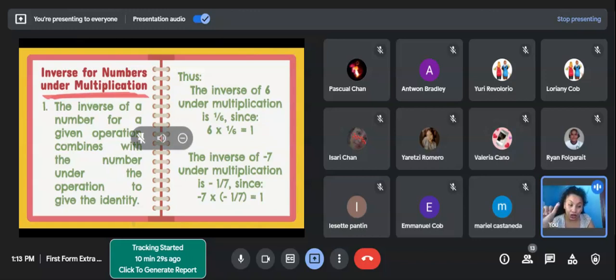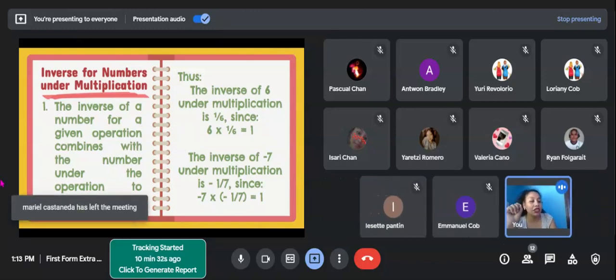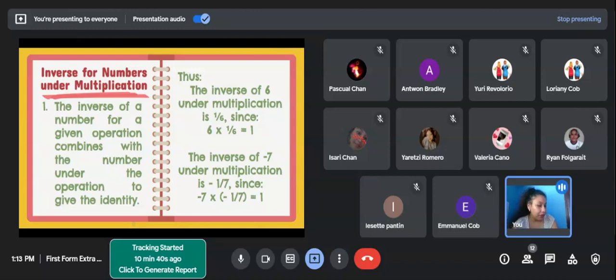So we talked about the inverse for addition. Now you want to talk about the inverse for multiplication. We want to do the same thing. We want to talk about the opposite. For addition, the opposites were negative and positive: if I have a positive, you give me a negative, and if I have a negative, you give me a positive.